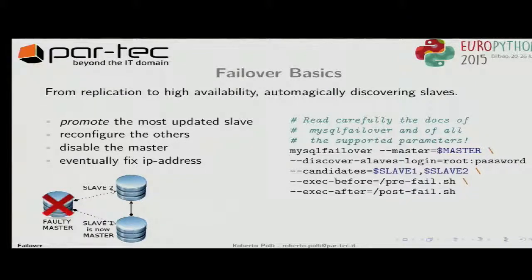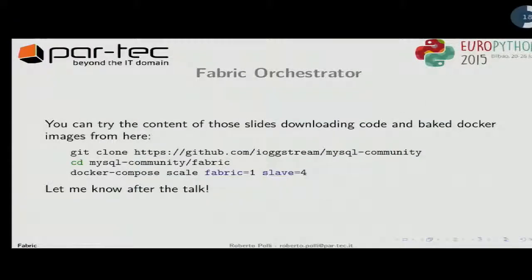Strip off the master, elect the new slave as a master, and make all the slaves point to the new master. Okay, it's just one command ahead, but try it. But before using it in production, read carefully the documentation because there are many, many parameters. It's quite flexible, and it is very useful. So it's starting from 0 to hero in minutes.